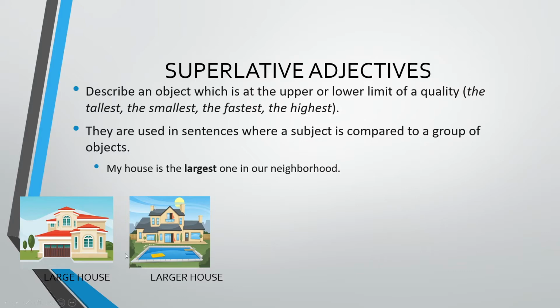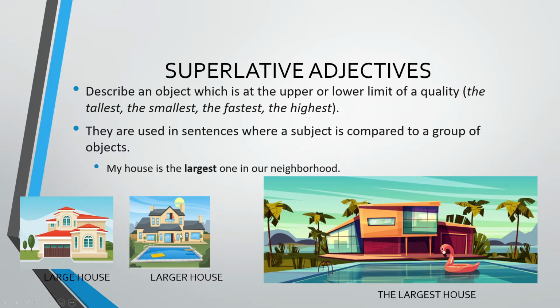So just now we compared Afan and Lutfan's house. Now we have another person's house in. So I can say Teacher Ezrin has the largest house compared to Lutfan and Afan. Contoh, my house is the largest house in the neighborhood. Rumah saya rumah yang paling besar dalam kawasan kejiranan itu.